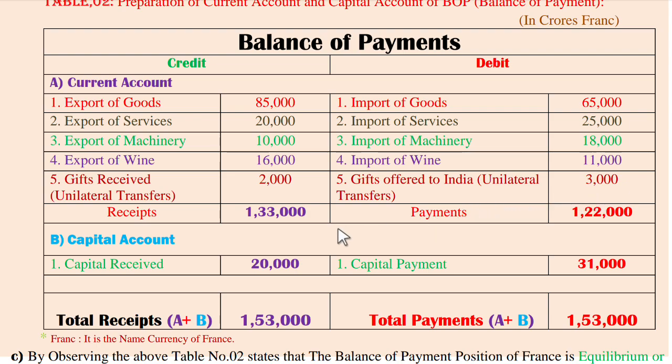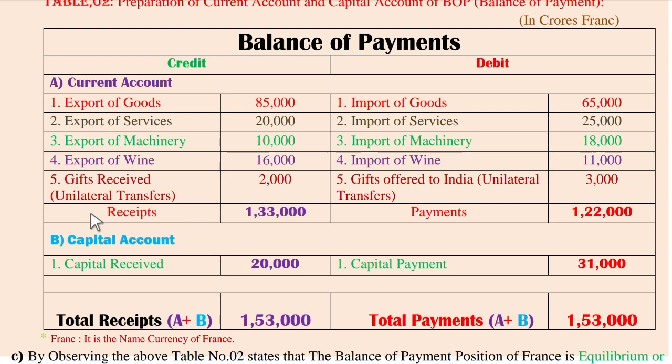By summing all these data, we got at the receipt side 1,33,000 crore francs, and at the debit or payment side, 1,22,000 crore francs.